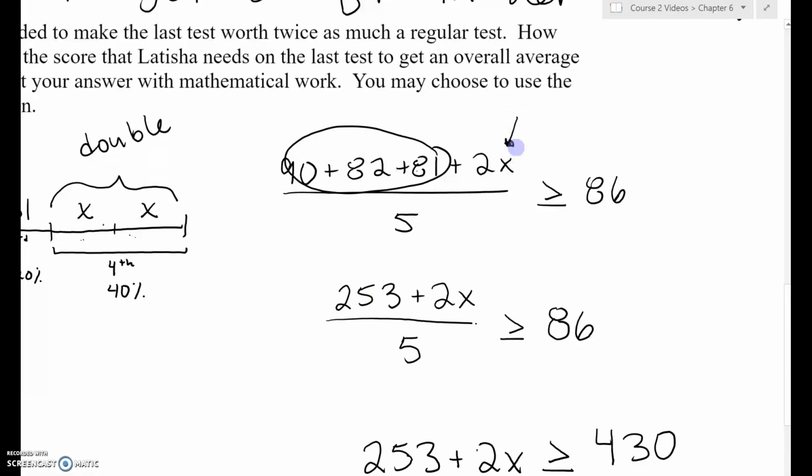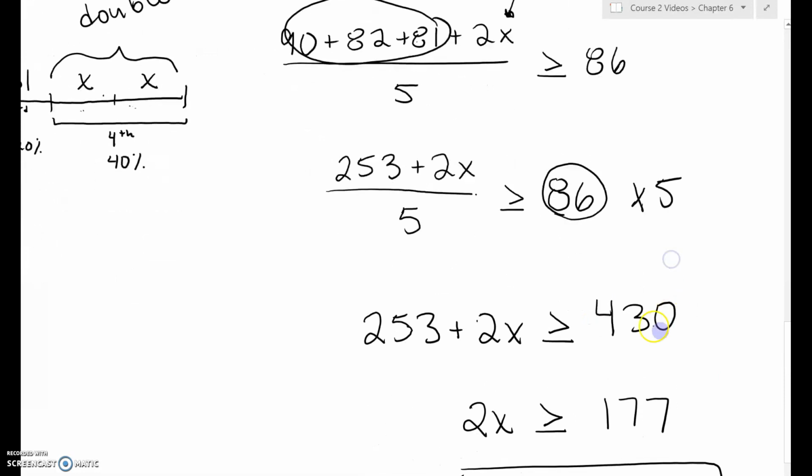So I asked, what is 5 times 86? If I got 86 on each one, how many percentage points is that total? I multiplied by 5 and got that you need to get 430.